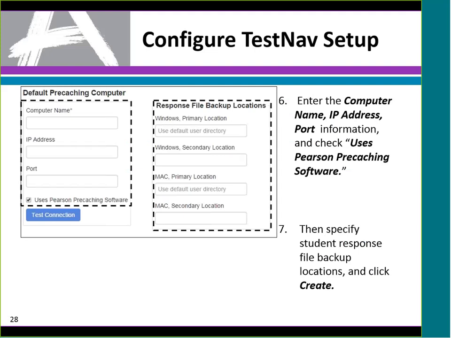So with the response file backups, typically what we see is people leaving the defaults and then maybe adding a secondary location that would be on the network somewhere. If you're going to add a network location, we would recommend that it be a mapped drive, and we would also recommend that there be no spaces in the path.